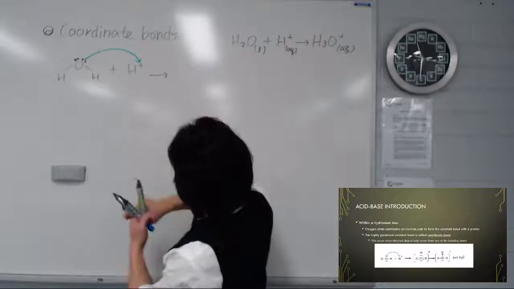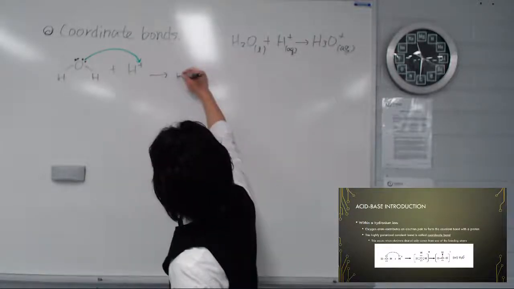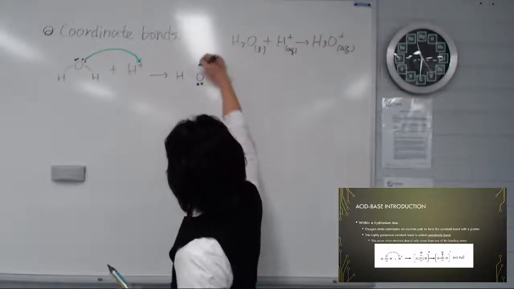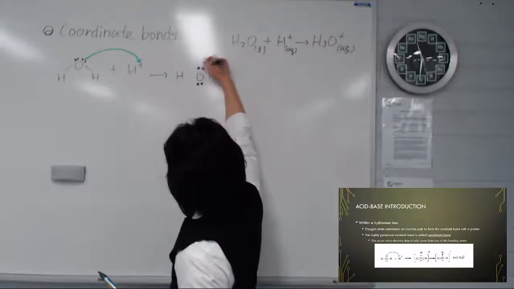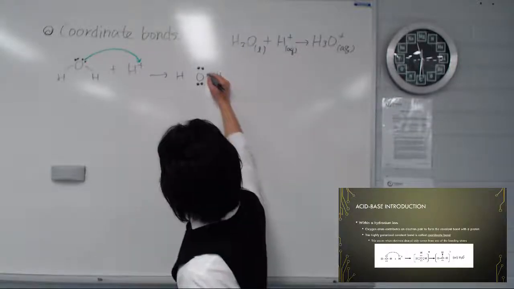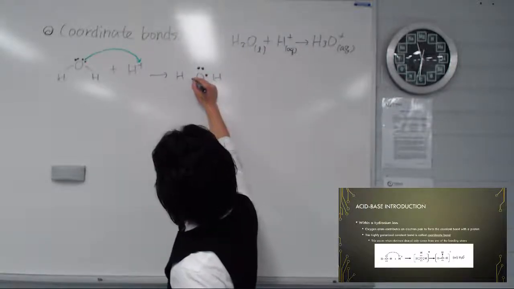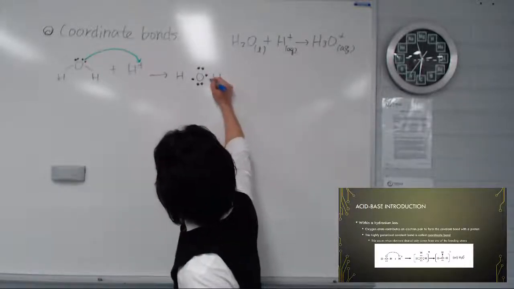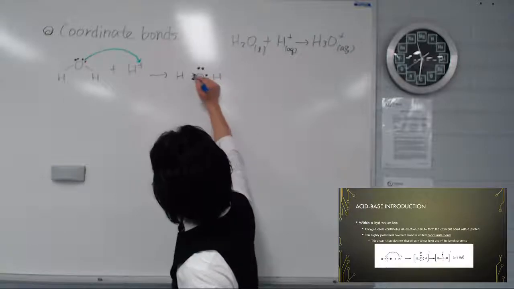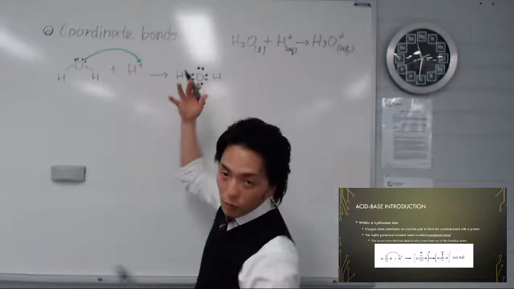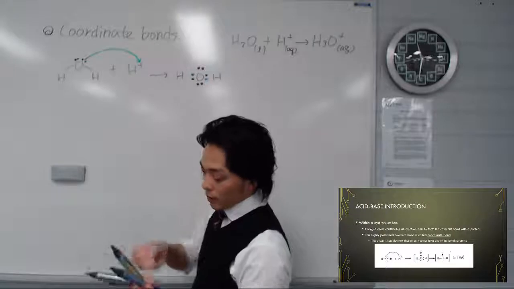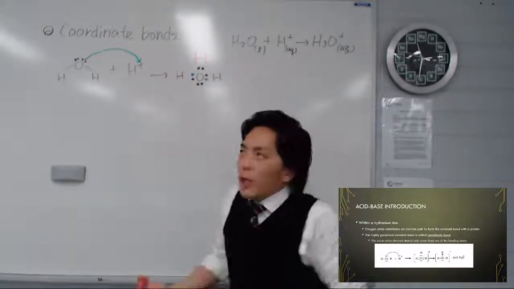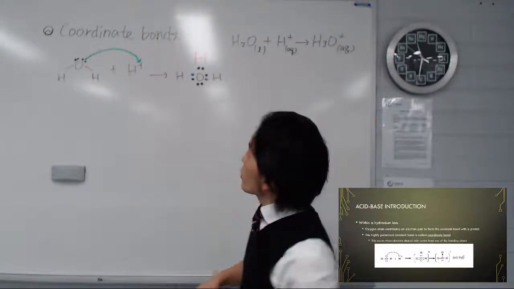What will form is H3O+, with extra electrons here and here. Oxygen itself has 6 electrons, and hydrogen brings its own electron. H2O on its own had an octet. All the atoms in there had an octet, a very stable configuration.